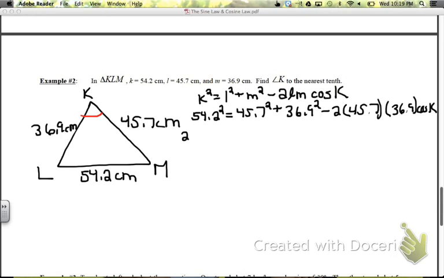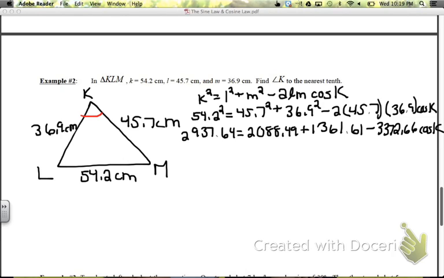So I have 2,937.64 is equal to 2,088.49 plus 1,361.61 minus 3,372.66 cos K. So now I can collect all of my like terms.